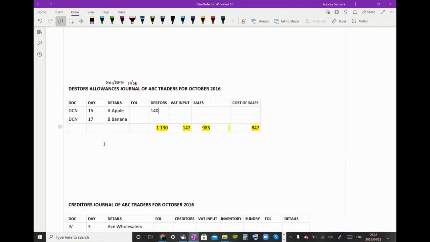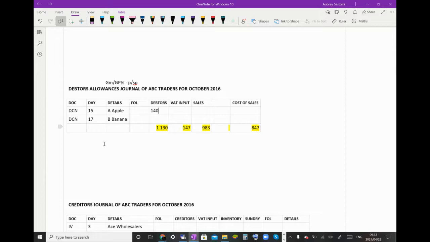So can you see why we do it that way? Why we say, okay, if I want to reduce my output VAT, let me just increase what SARS needs to pay over to me. Because remember in the VAT return, it's the total of our output VAT and input VAT. And then what are we also trying to find out in the VAT return? Who needs to pay who? If I owe SARS more than what they owe me, in other words, if there's more output VAT than input VAT, I need to pay SARS.